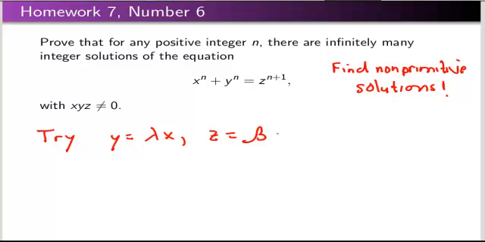Try something like that. Say y is lambda times x, and z is beta times x, where lambda and beta are some integers. And see if you can find solutions where y and z are some multiples of x.